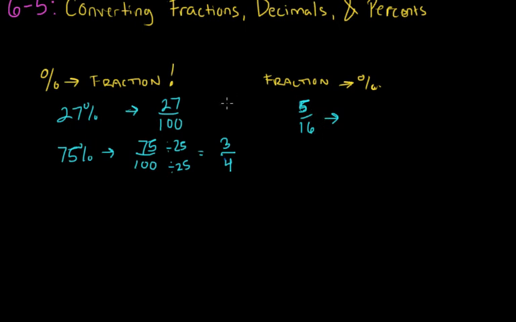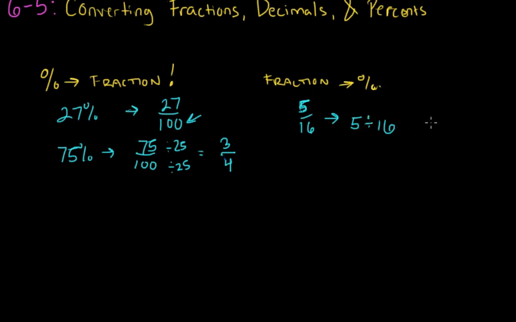So, for example, over here, if the denominator is 100, well then 27%. It's pretty easy when it's 100. But for 16, I don't see any easy way to make that 100. So in this case, I literally just have to do some division: 5 divided by 16.